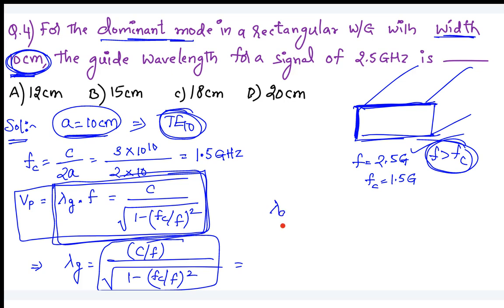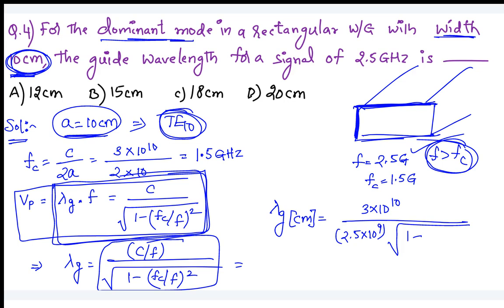If you want the answer in centimeter, you should take the velocity of light in centimeter: 3 into 10 power 10 divided by frequency 2.5 gigahertz into root over 1 minus fc 1.5 giga by f 2.5 giga. Do the calculation and tell me what answer you are getting.